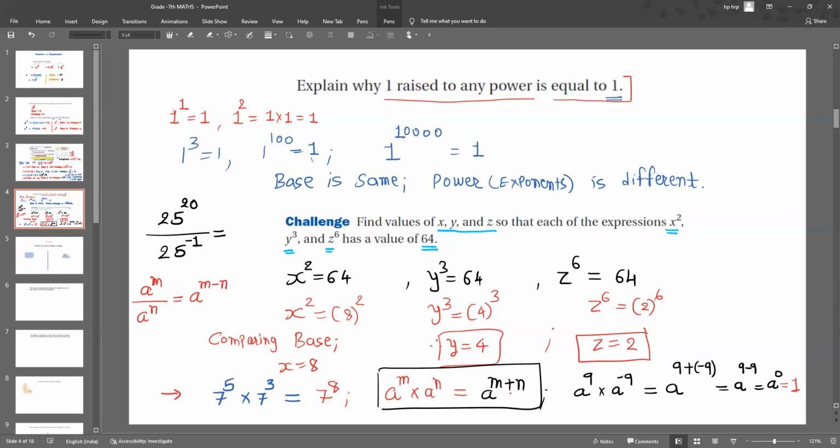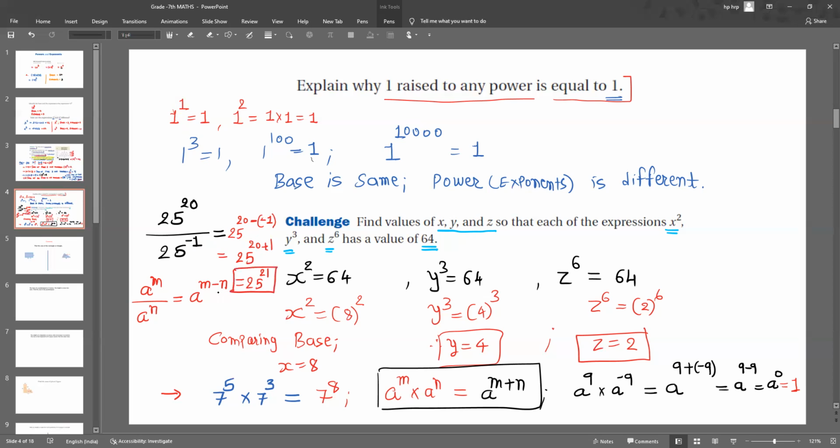If it is multiplication we add, but it is division, so we subtract. Then we get 25 raised to 20 minus, and the power in the denominator is minus 1, so we write it in brackets as minus 1. Then we get 25 raised to 20 minus minus plus 1, so we get 25 raised to 21. Understand?